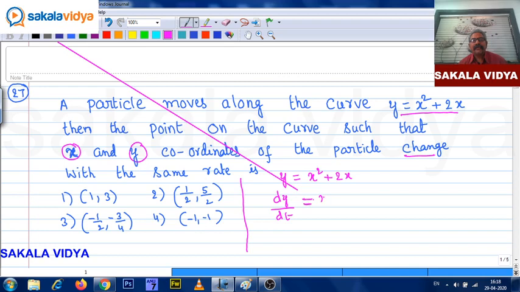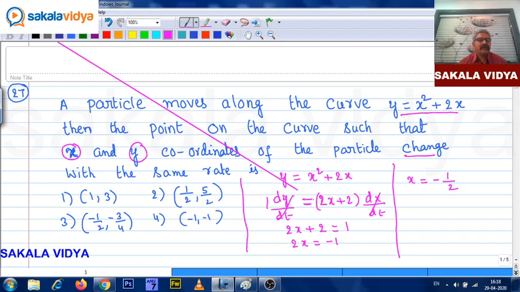So, dy by dt is equal to 2x plus 2 dx by dt. According to the problem, both are equal. Now, 2x plus 2 equals 1, 2x equals minus 1, x equals minus 1 by 2.